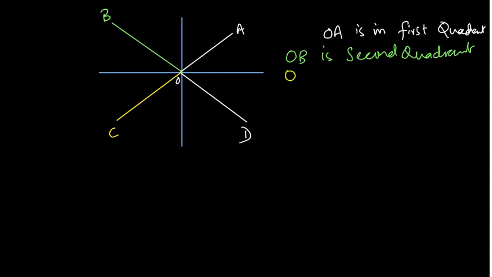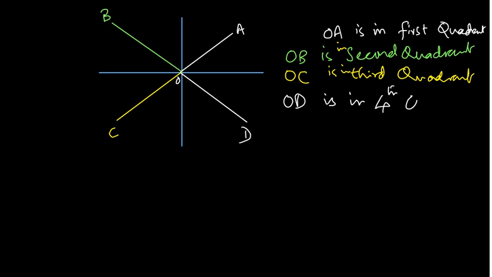OC is in the third quadrant. OD is in the fourth quadrant. The line OA is in the first quadrant, OB is in the second quadrant, OC is in the third quadrant, OD is in the fourth quadrant.